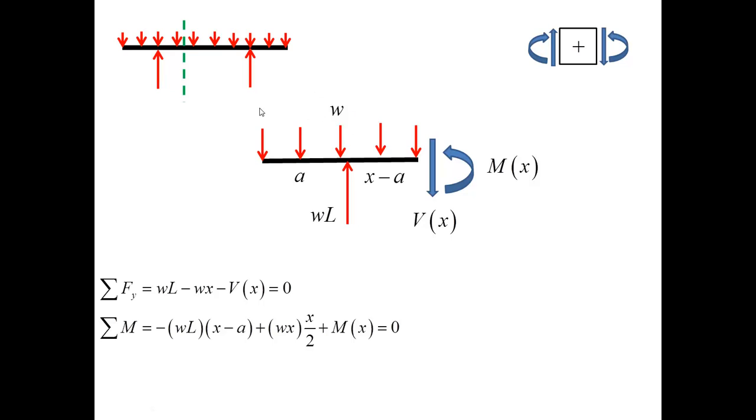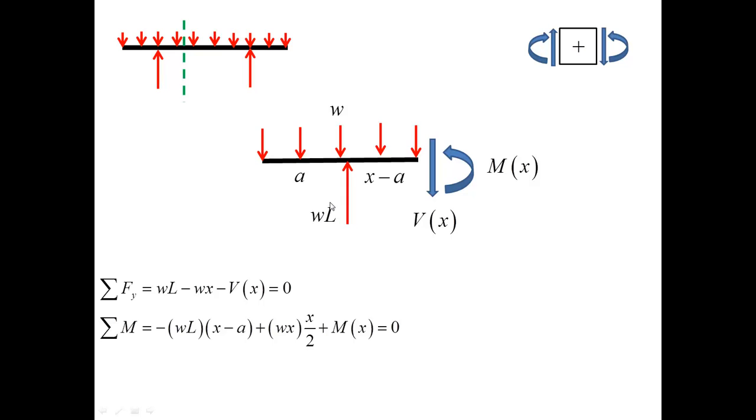Because the distribution is uniform, the resultant has to be placed in the middle, and therefore the arm for this force is equal to X over 2. Finally, we have the bending moment M of X.